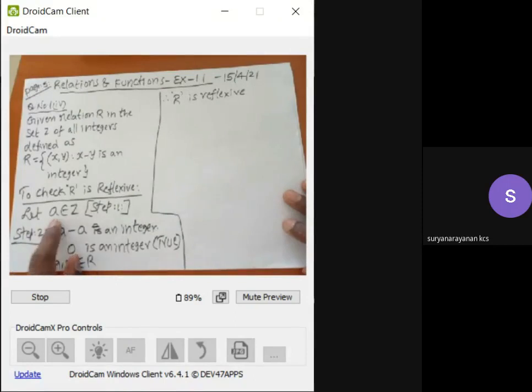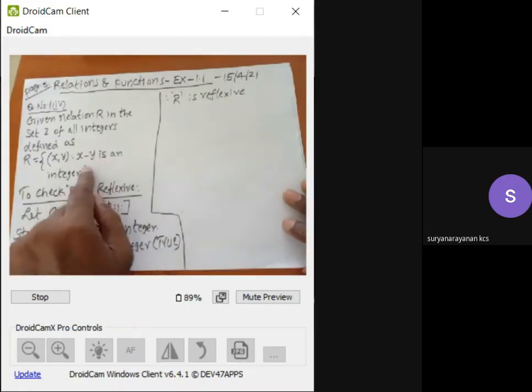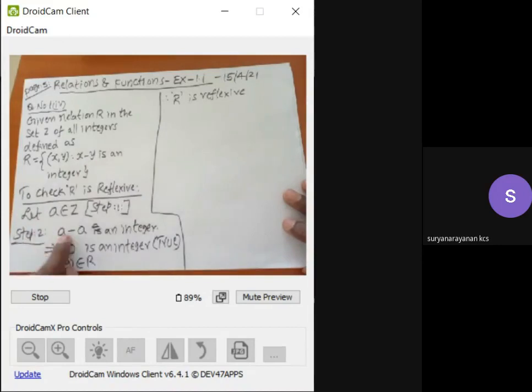Second step, after choosing an arbitrary number from the domain, we have to write the given relation with the same letter a and a. In the place of x and y, we write a itself. So a minus a is an integer. That is the second step.